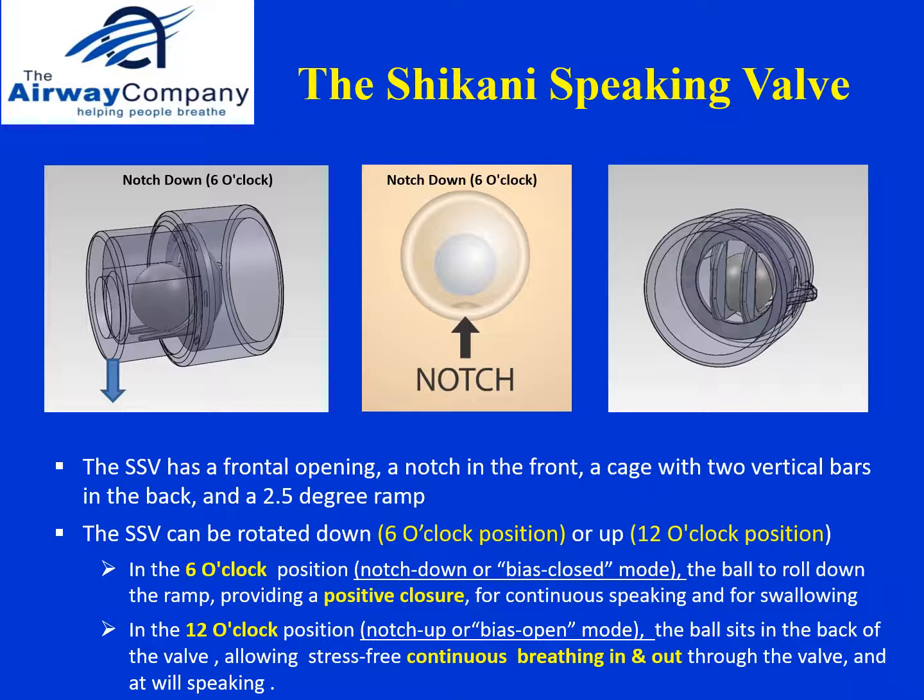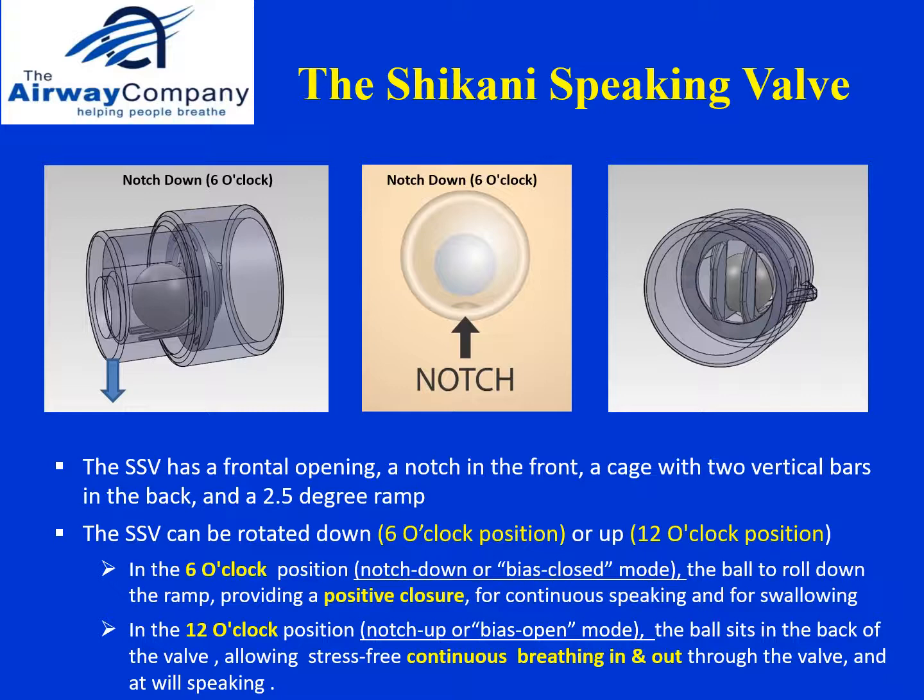This 6 o'clock position, which the patient can determine by feeling the notch at 6 o'clock, is also called the notch down or bias closed mode. It allows a positive closure, which is used for continuous speech or for eating and swallowing.